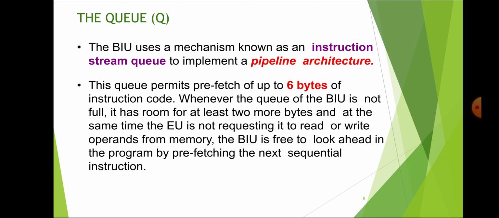Whenever the queue of the BIU is not full, it has room for at least 2 more bytes, and at the same time the execution unit is not requesting it to read or write operands from memory, the BIU is free to look ahead in the program by prefetching the next sequential instruction. So when 2 blocks in the 6 bytes are empty, it will fetch the next instruction.